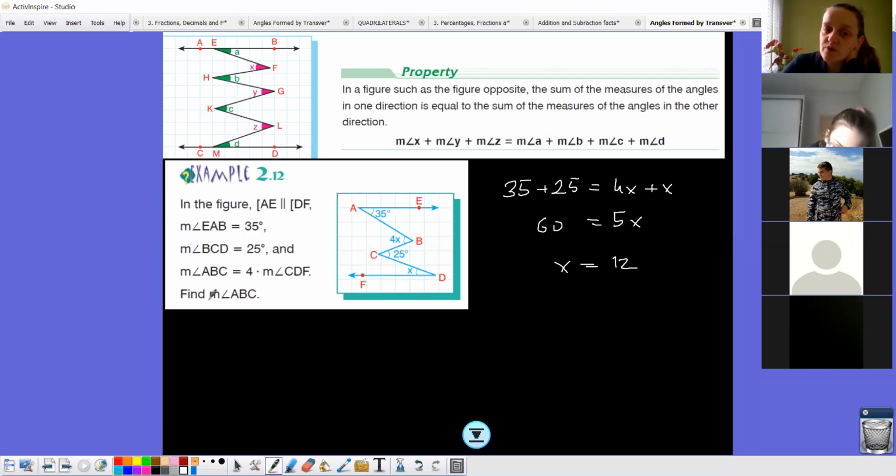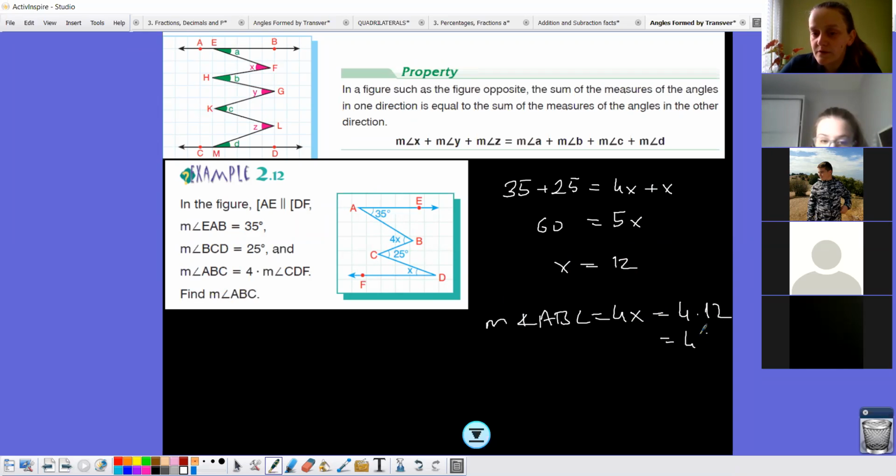Now here we are not looking for x, we are looking for the measure of ABC. Which angle is ABC? Measure of angle ABC is 4x. We found that x is 12. We'll do 4 times 12, which will be 48.